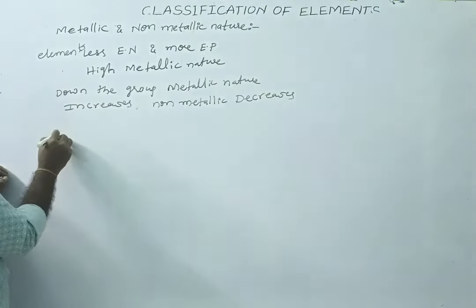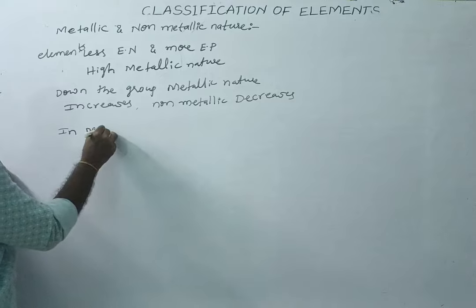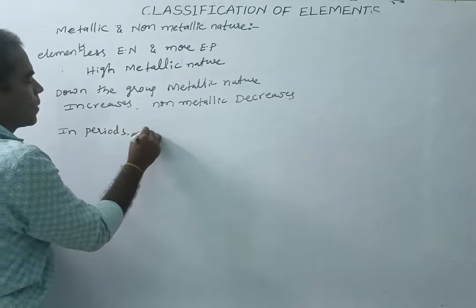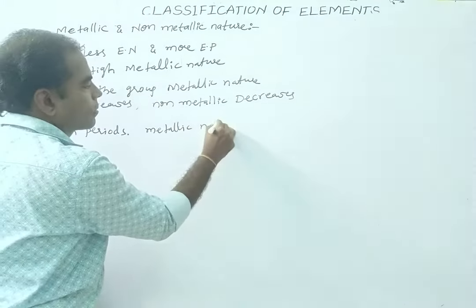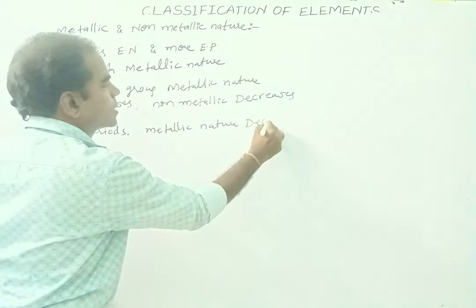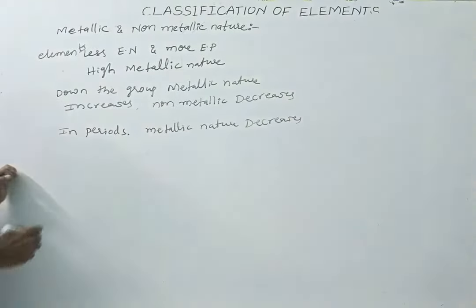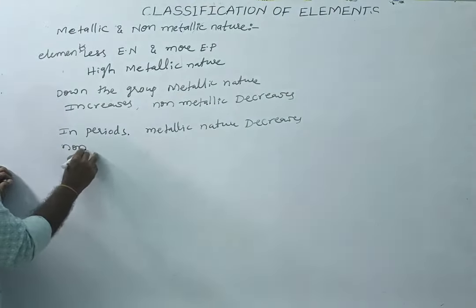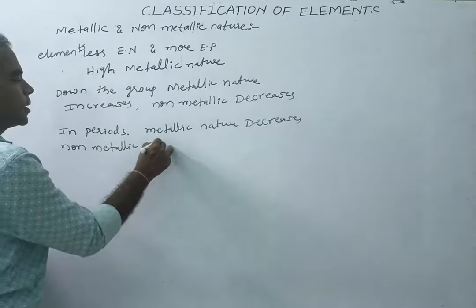Whereas in periods, along the period from left to right, metallic nature decreases and non-metallic nature increases.